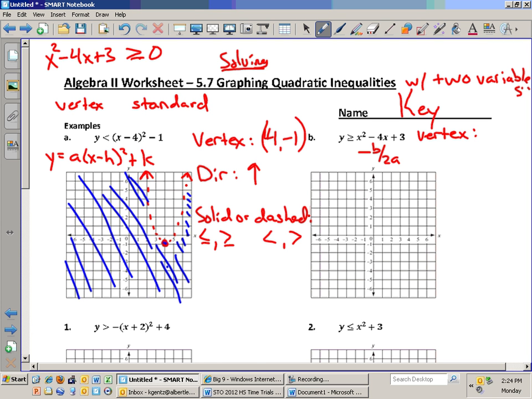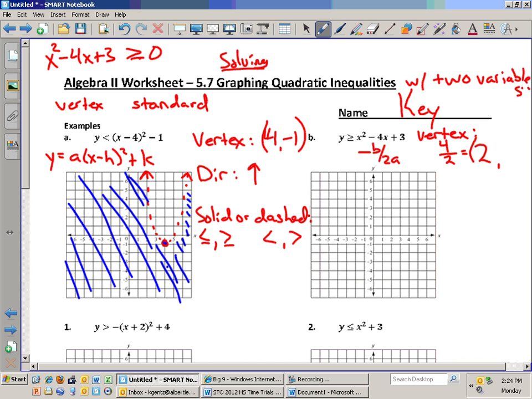The first one is vertex form. This is standard form, but I'm still finding the vertex. In order to find the vertex, we do negative b divided by 2a. Negative b would be positive 4 divided by twice the a value, positive 2. And I get 2. Once I get my x value for the vertex, how do I get my y value?